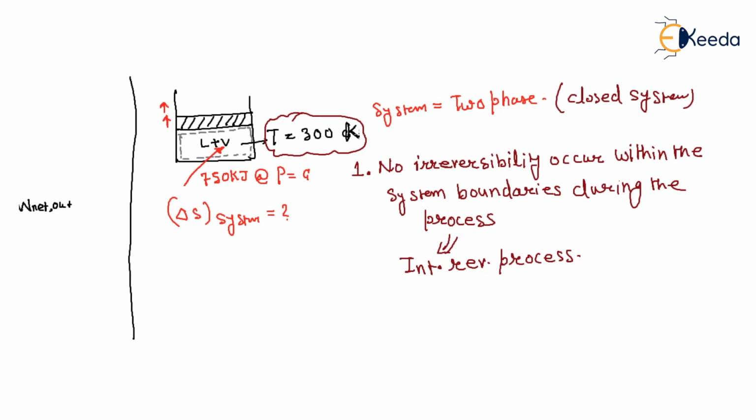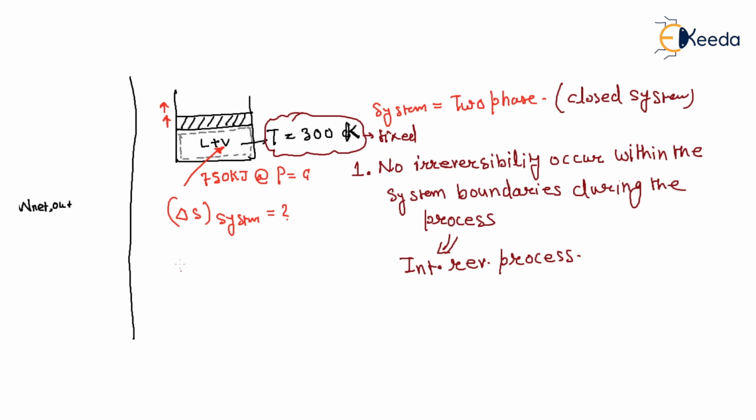This is fixed. Why? Because during the process, the temperature of a pure substance remains constant at the saturation value during the phase change process at a constant pressure. Why?